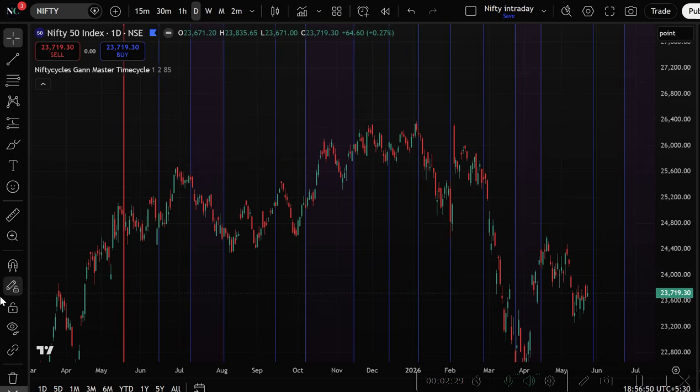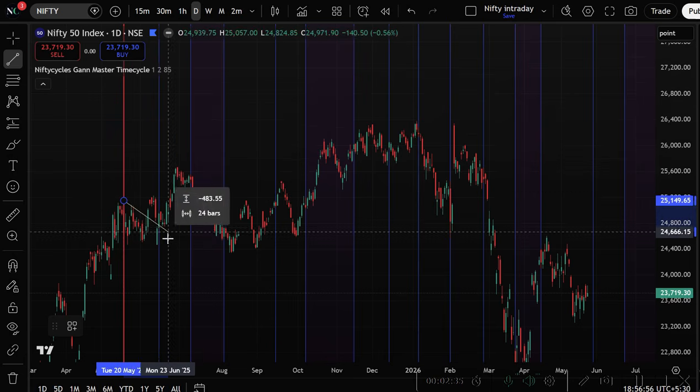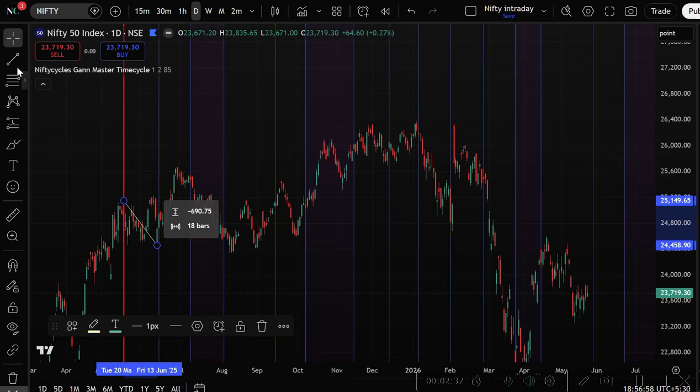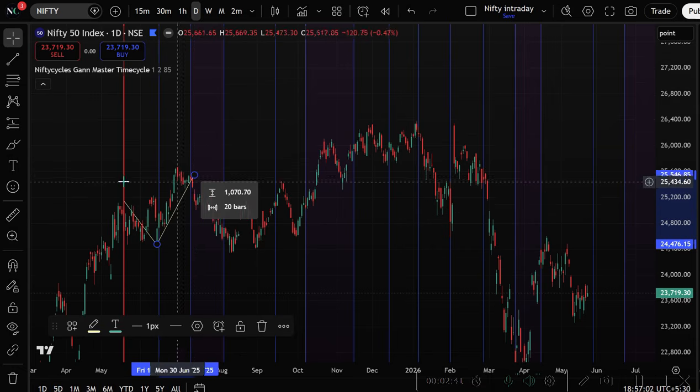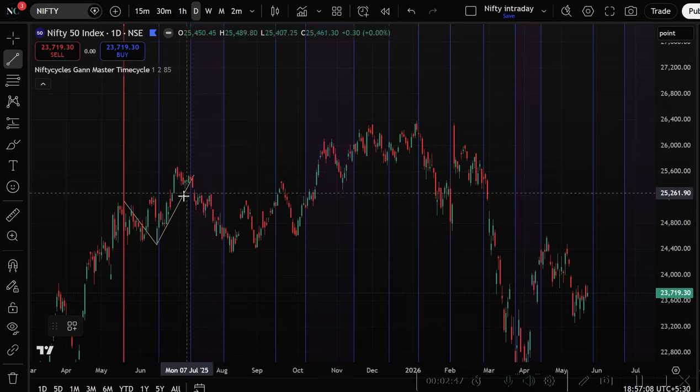Okay, so let's see what happened here. So looks like this is a high to this low to a high, and the orb for this is 4 to 5 days.